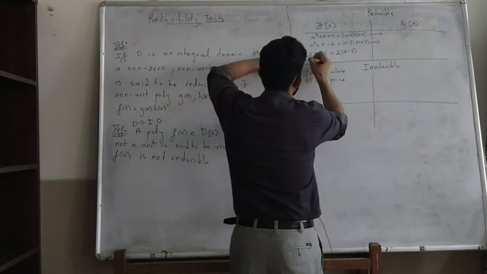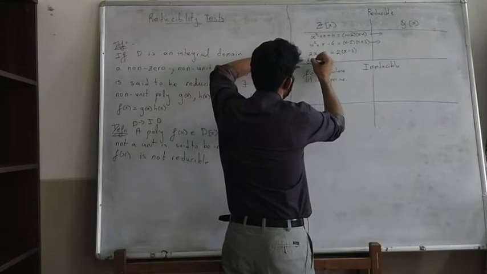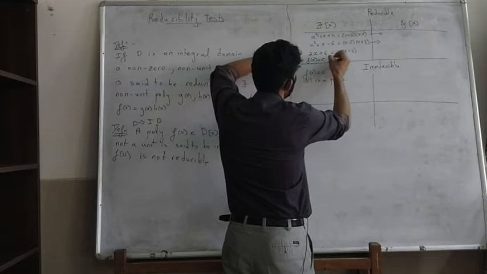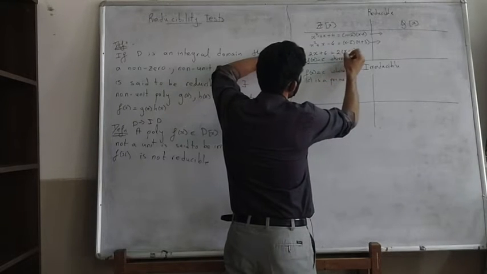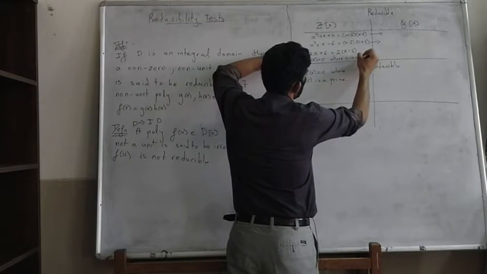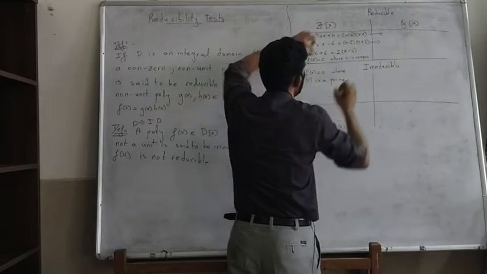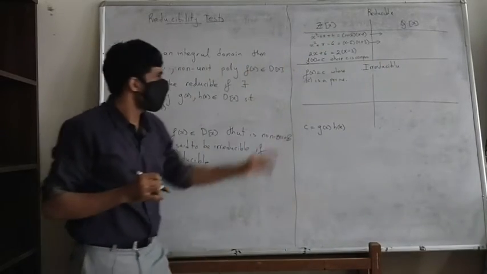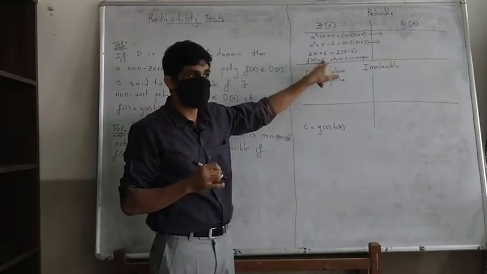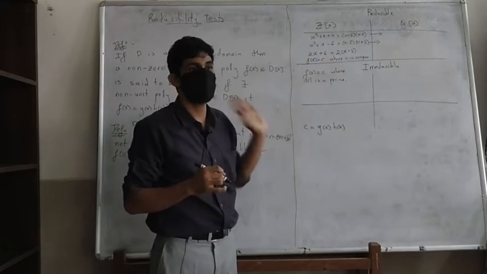We could even look at that. If f(x) is some c where c is composite, then it's going to be reducible, right?